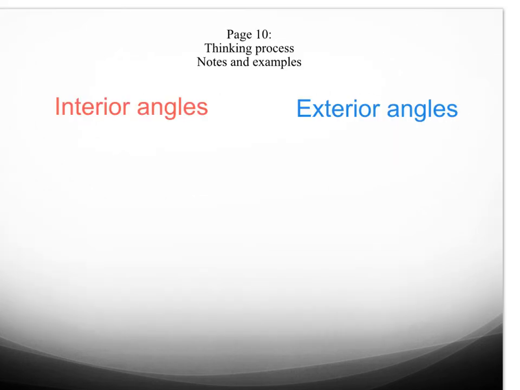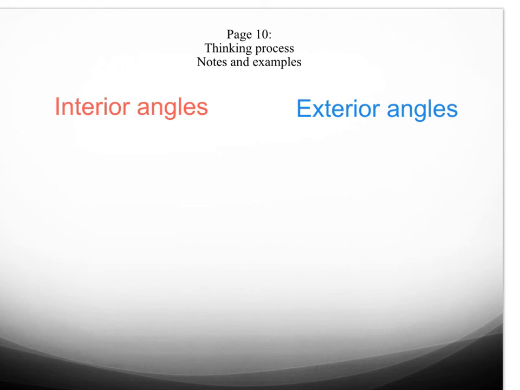So let's take a moment to go to page 10 in our booklets, and we're going to go through a thinking process and write down a few notes and some examples. We've worked with some triangles that have all interior angles, and some that have interior and exterior angles.